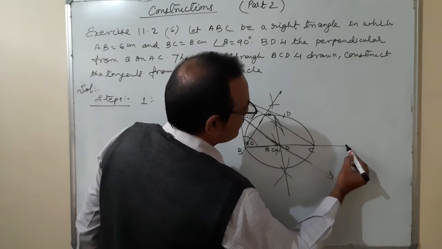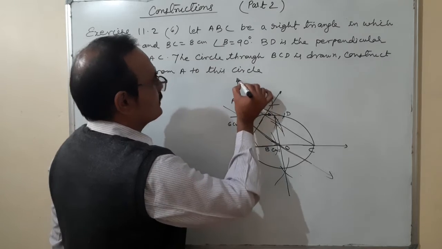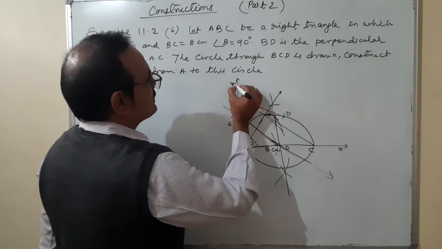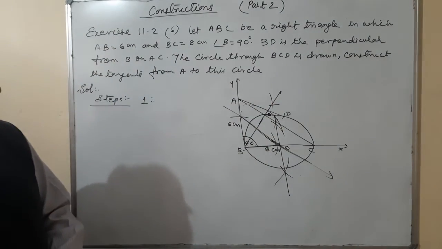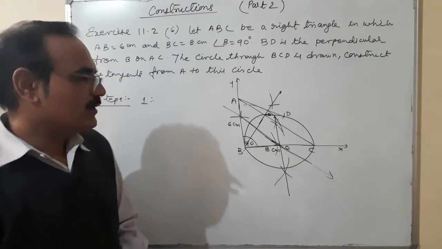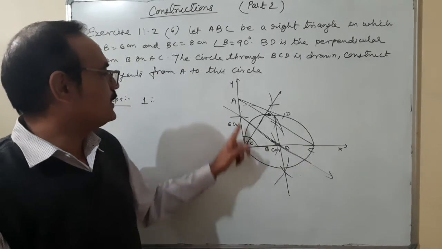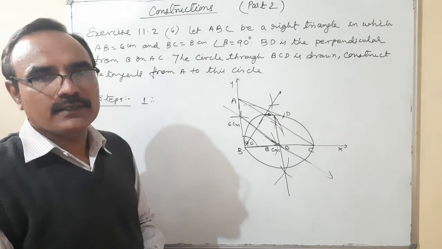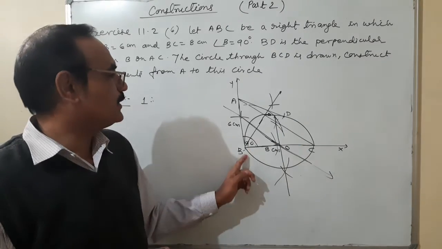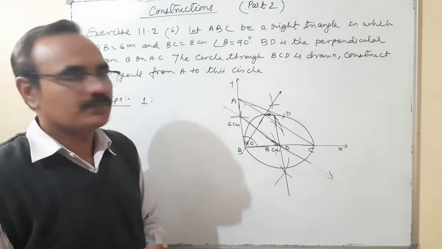You can extend it. Suppose it is X and there's a Y. The very first step is draw an angle XBY equal to 90 degrees.